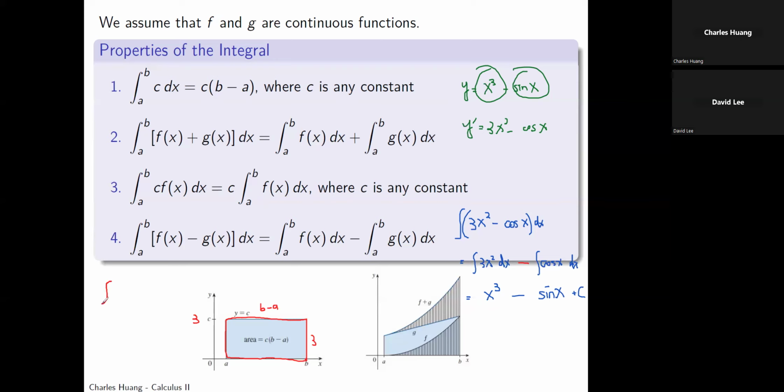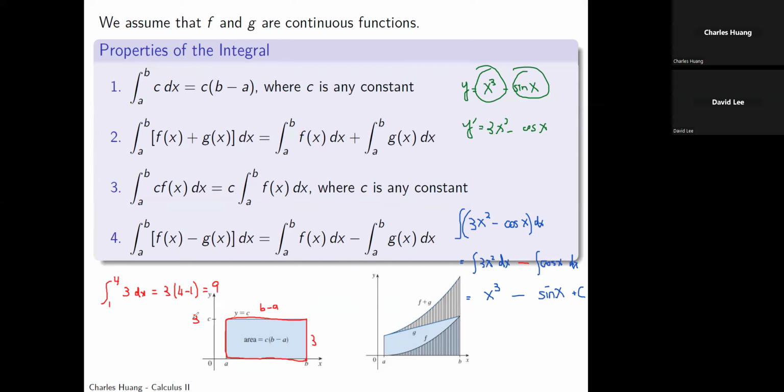So right now, if I say the integral from 1 to 4 of 3 dx, we now know what the number is. It's 3, that's the height, multiplied by the width, which is 4 minus 1. This is going to be equal to 3 times 3, which is 9.